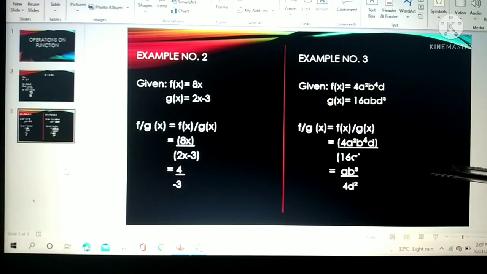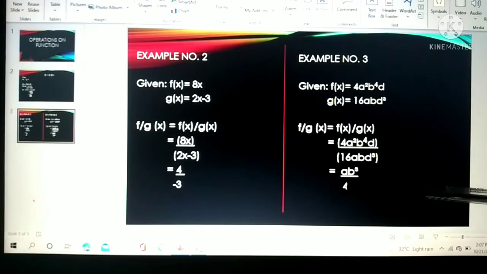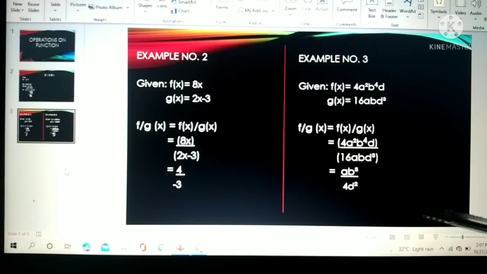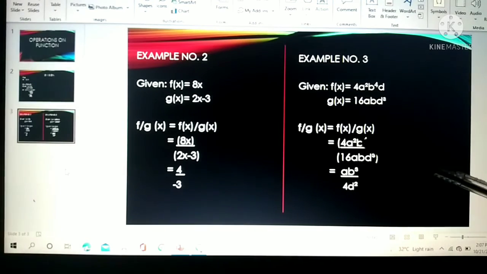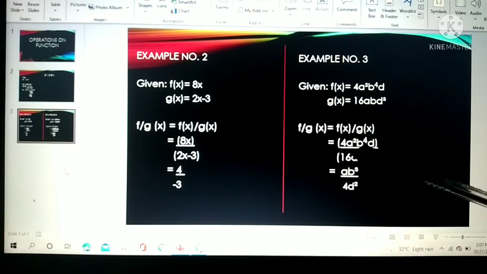But in the problem, a squared is on the numerator, so a.